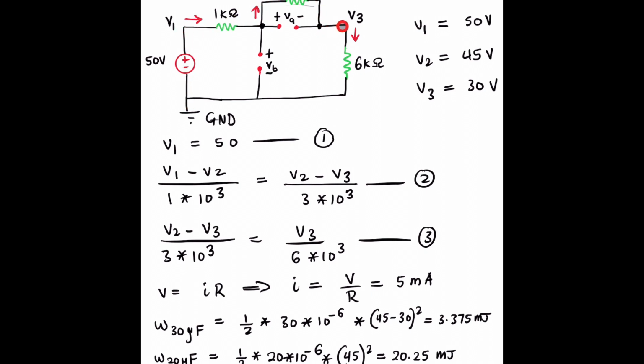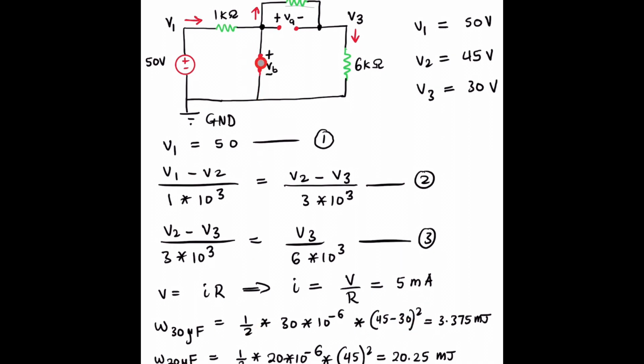The energy in the 20 microfarad capacitor is just half times the capacitance times the voltage squared. So half times the 20 microfarad times 45, because this V2 is 45 and this is 0. So we have 20.25 millijoules.